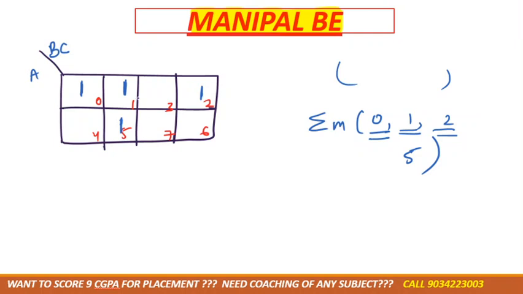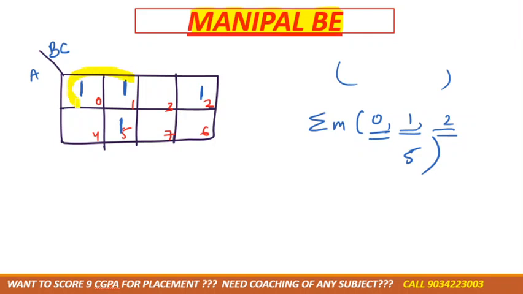Now we have to do the pairing. Pairing means, just imagine this is your class and you have to make a group of friends. So if two 1s are nearby to each other, sitting next to each other, then they can become friends, right?